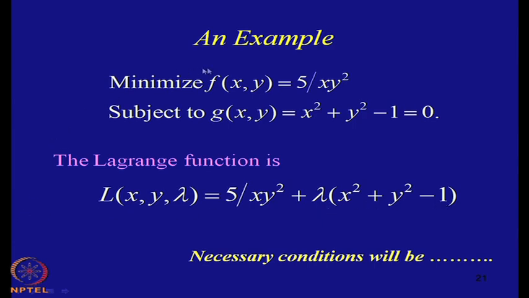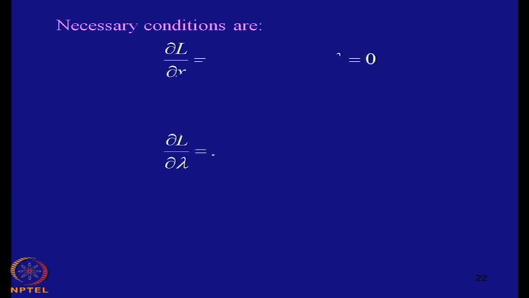The original constrained optimization problem is transformed into an unconstrained optimization problem having 3 variables. Now, we will go for the necessary conditions.